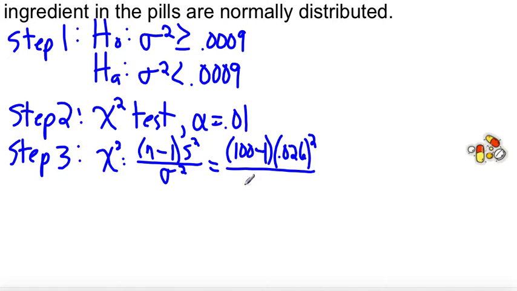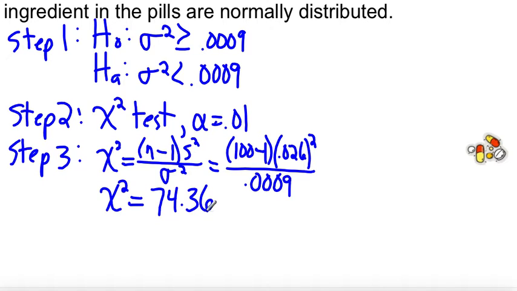Sigma squared is 0.0009. You don't need to square that, that's already been squared. Okay, so our chi-squared that we calculate when we plug that all into the calculator is 74.36, I believe. Okay, that's our test statistic.